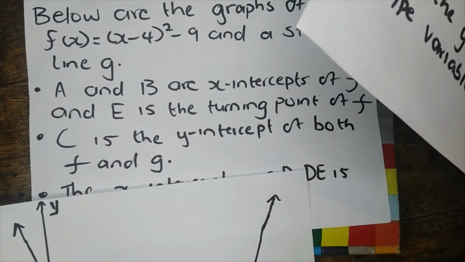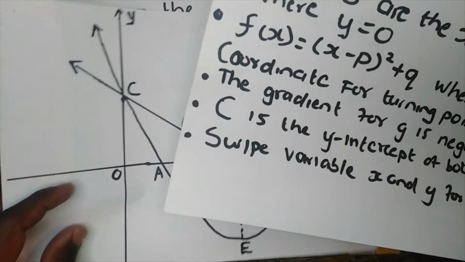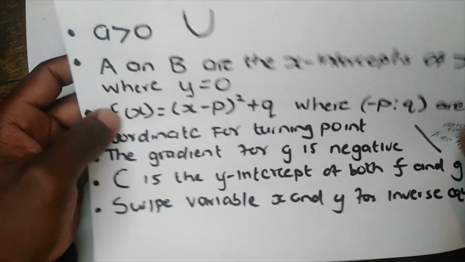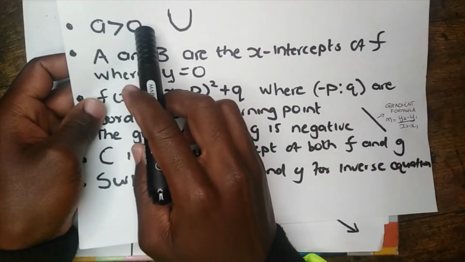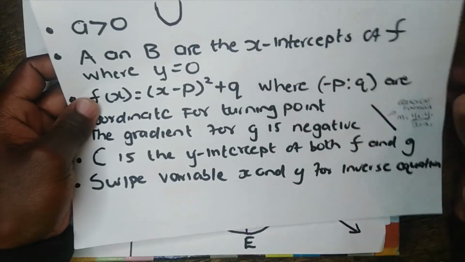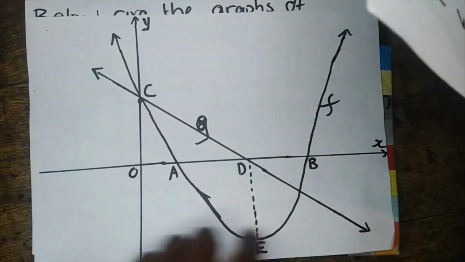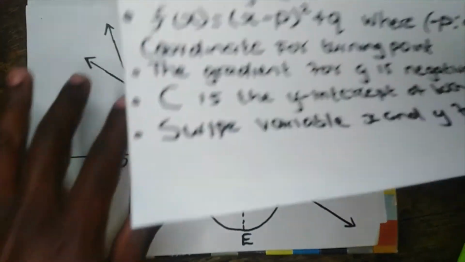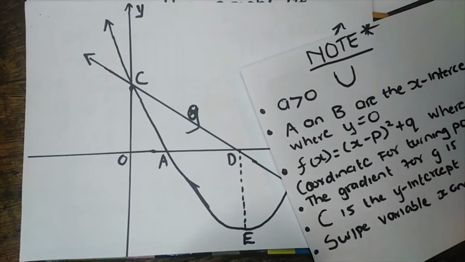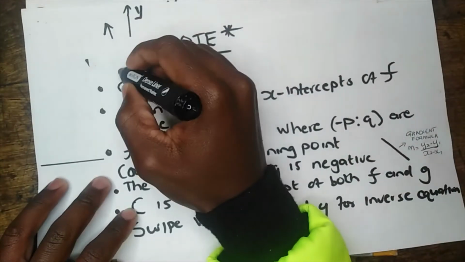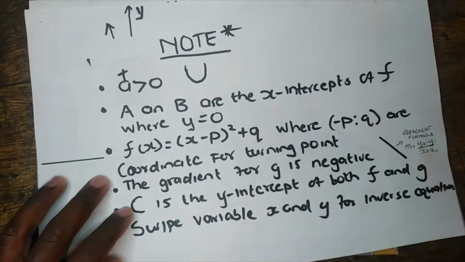So a is greater than 0. When a is greater than 0, our graph is smiling. As you can see, the graph here is smiling too, which tells us a is positive. Our a here is positive.